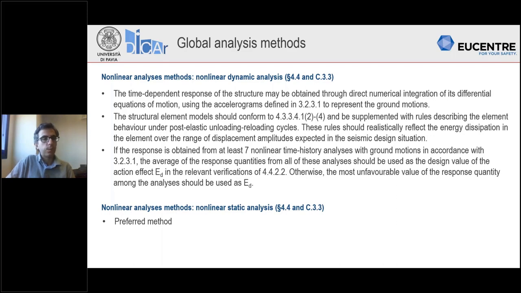If the response is obtained using at least 7 ground motions, you are allowed to use the average of the response to perform the safety check. Otherwise, you have to use the maximum, so the most unfavorable value of the response. Then moving to the nonlinear static analysis, this is the preferred method for the assessment of existing buildings, and I will discuss it in detail later on.